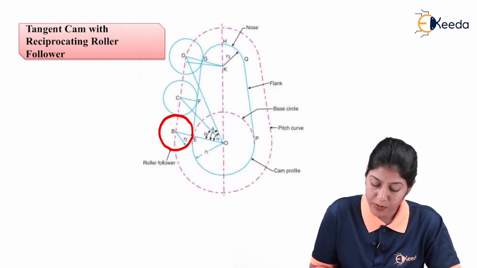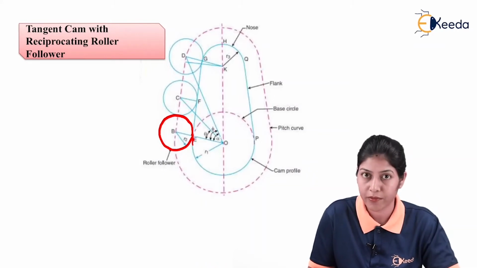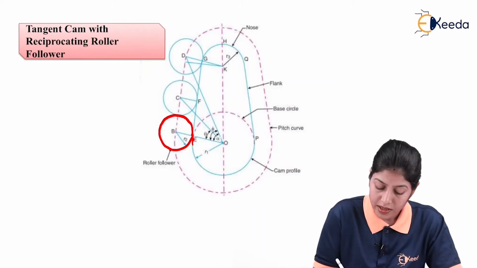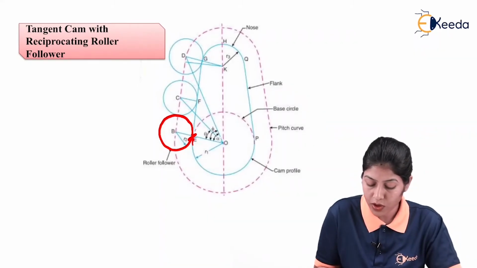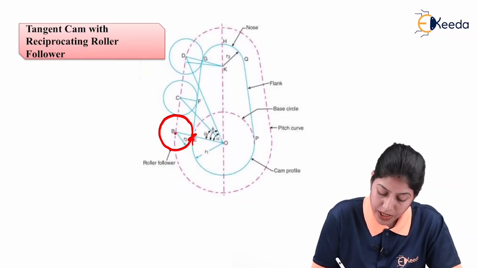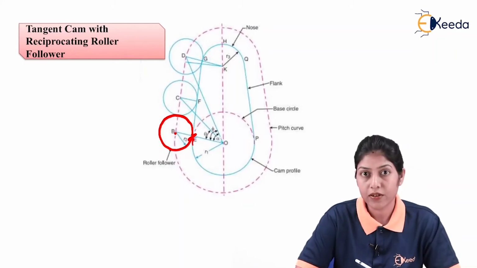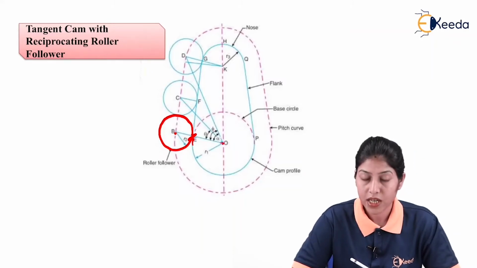So here in this diagram you can see, this is the initial position of the roller follower, and this particular initial position we are considering for the cam, when the cam is not rotating and the follower is not in reciprocating motion. In that case, this particular point is the contact point of the roller follower and the cam. Here B is representing the center of the follower and O is representing the center of the cam.